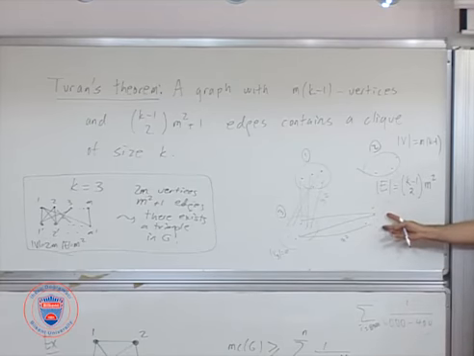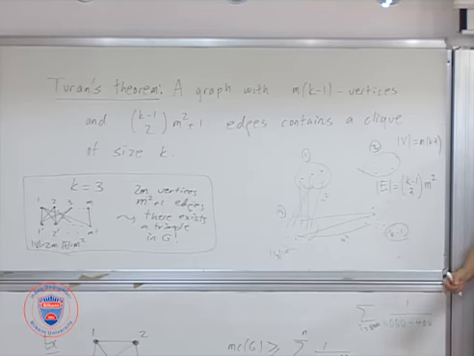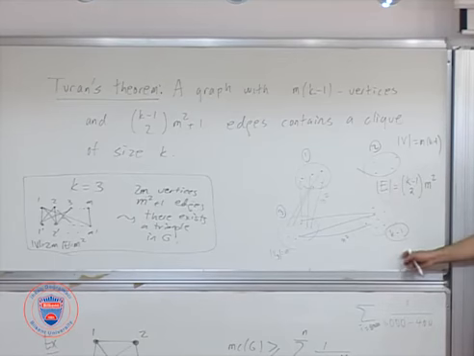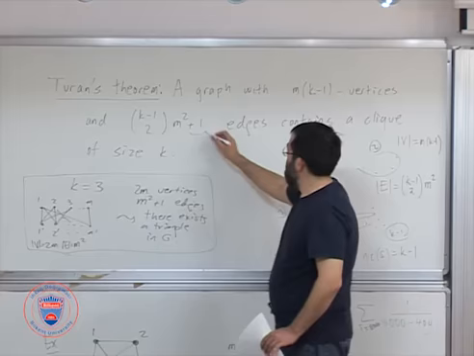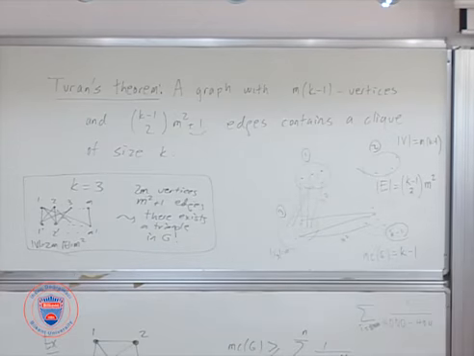But if they are in the same group, there's no edge between them. That means they won't be connected, so it can't be a clique. So such a graph has maximum clique size k minus 1. That shows that the theorem is true because of this extra 1. If you didn't have that plus 1, you wouldn't be able to do it. So if you erase that, the theorem doesn't hold.